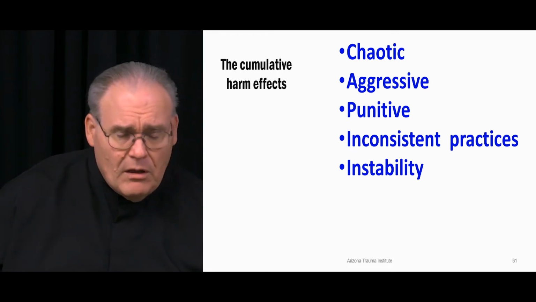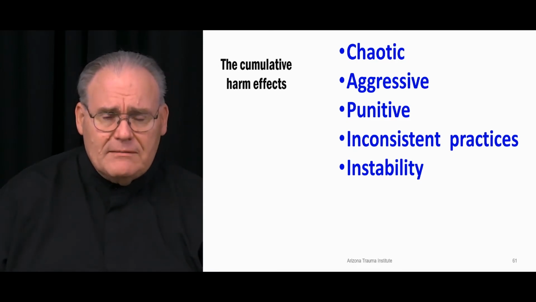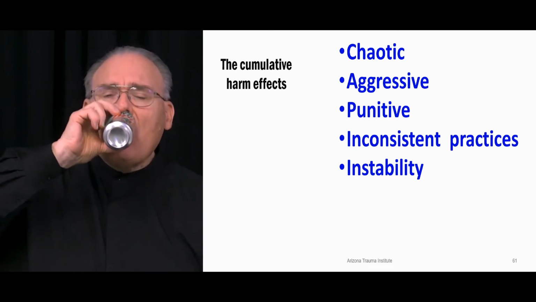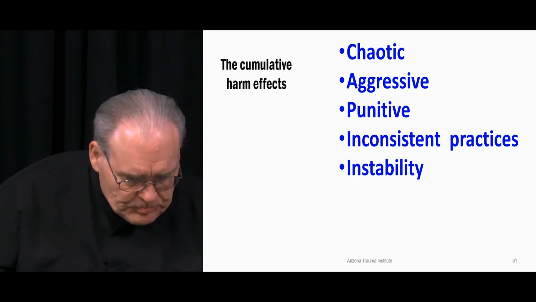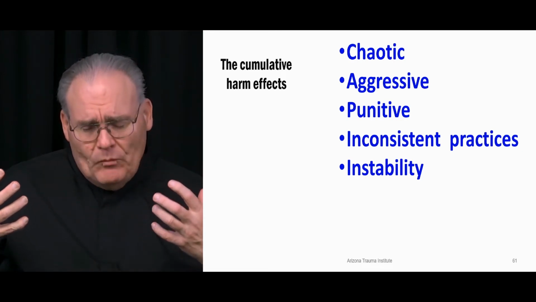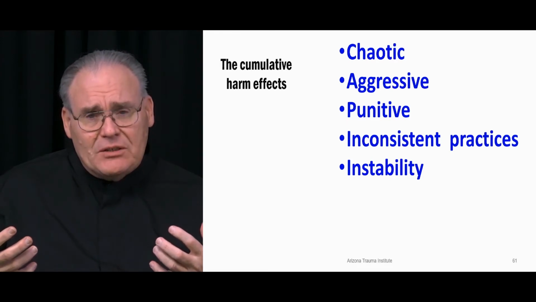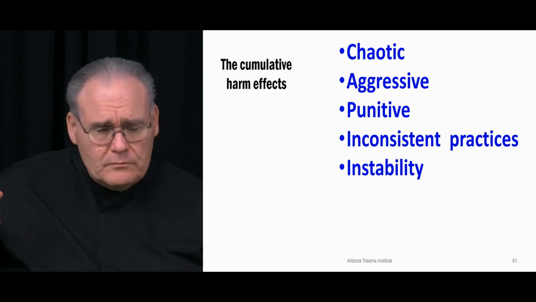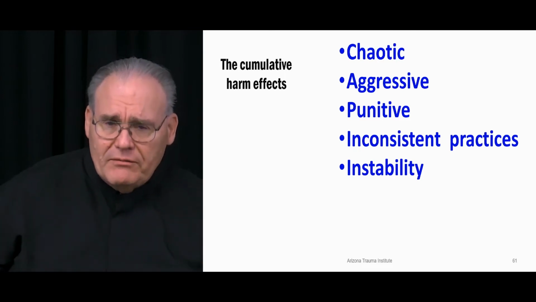And that punishment often is shame-based. So if I am an active, adaptive kid, in other words, my sympathetic system says, take action, try to get control, be aggressive, be assertive.